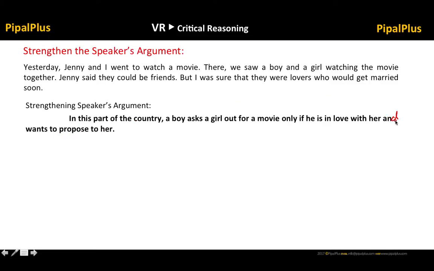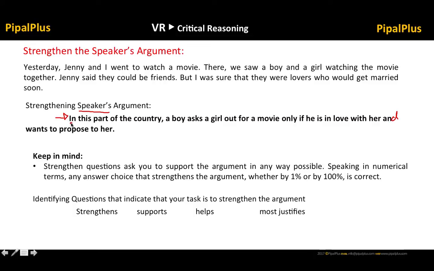If that is the case, and that's what typically happens, then whatever the speaker says makes a lot of sense. The speaker's argument is strengthened. Why? Because this is what typically happens. So this statement has strengthened the speaker's argument.